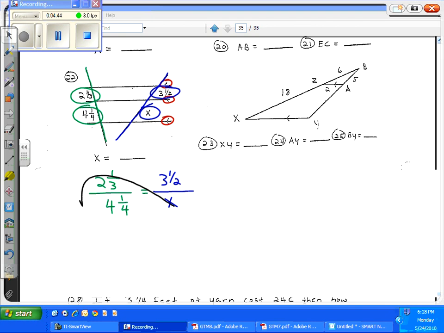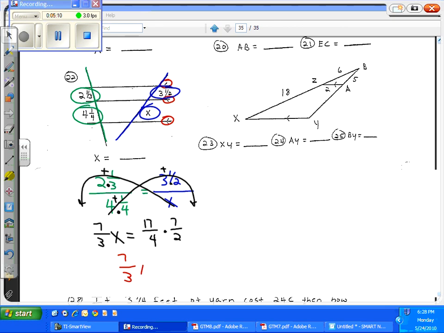Now to solve, we're going to cross multiply, but I'm going to go ahead and make them improper as I go. 2 times 3 is 6 plus 1 is 7/3, and so I would have 7/3 X equal. I'm going to multiply this way, but I'm going to make them improper as I go. 4 times 4 is 16 plus 1 is 17 over 4 times. 3 times 2 is 6 plus 1 is 7 over 2.